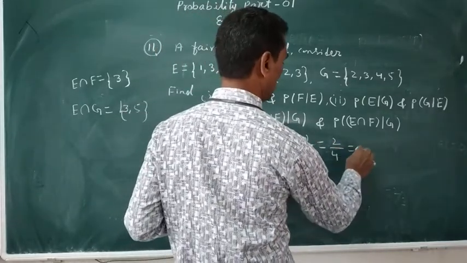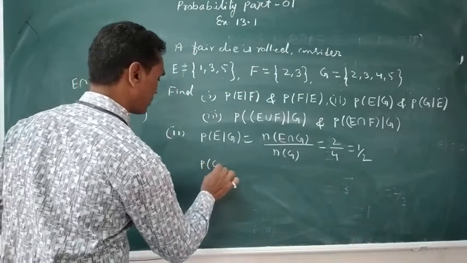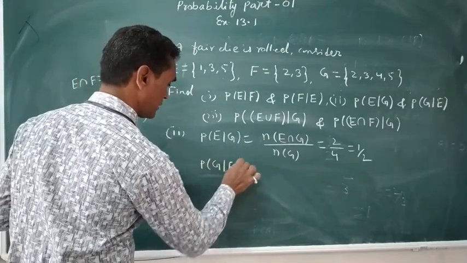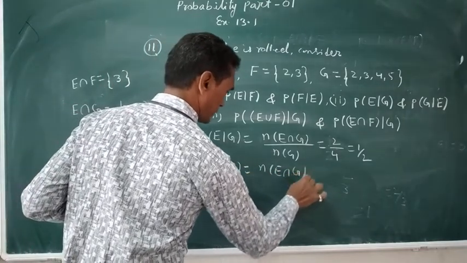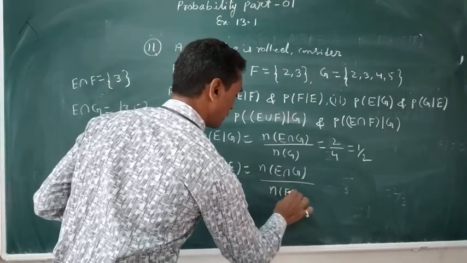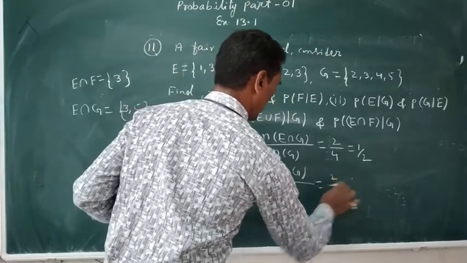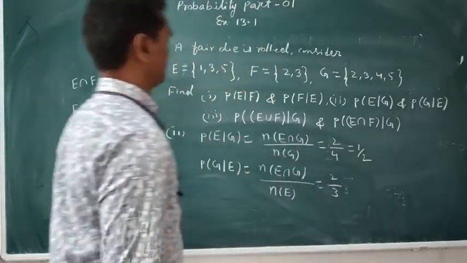So 1 by 2. Now probability of G given E is equal to 2 by N(E). So we have 2 and N(E) is 3. So 2 by 3.